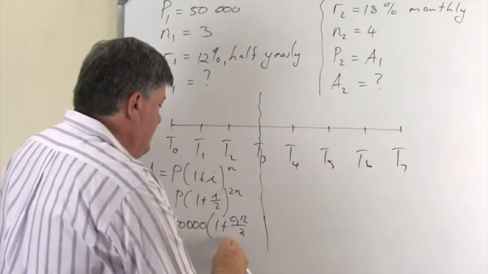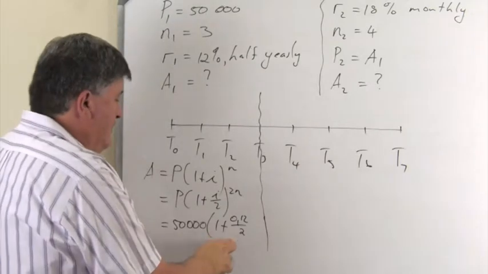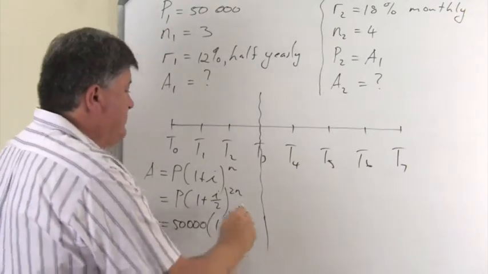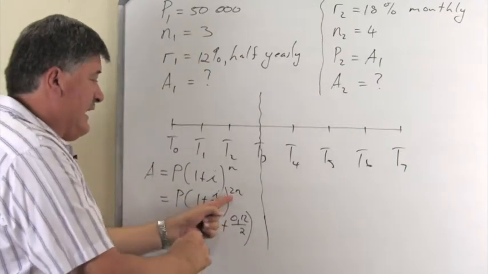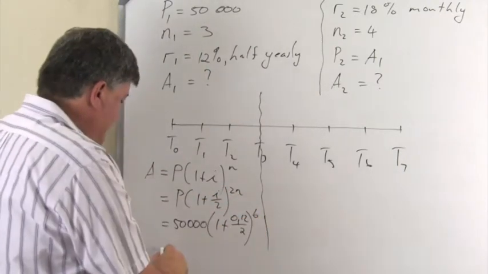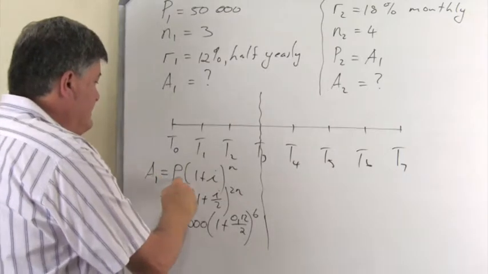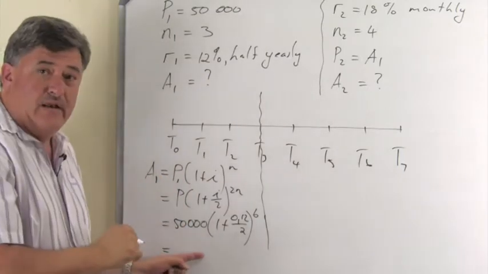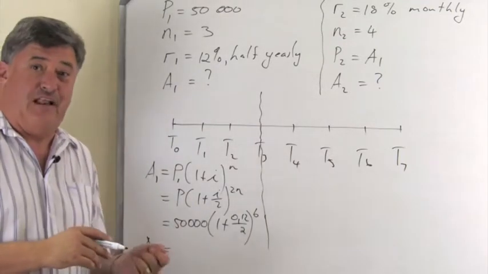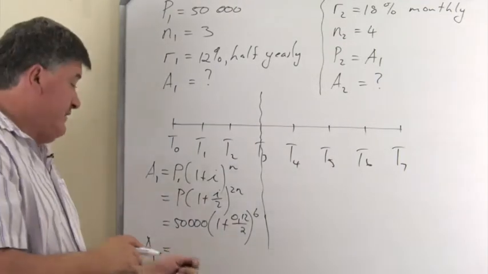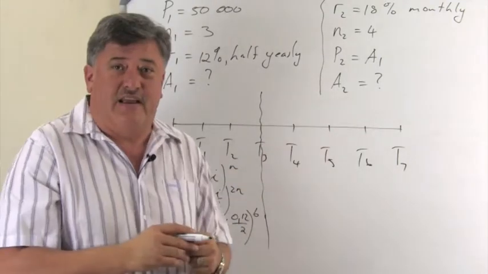It is over 2 because it's half yearly. And to the power of 3 years times the 2, which will be 6. This is what I'm going to call A1. So this is now my first future value after 3 years. And this answer, we're going to reinvest here.